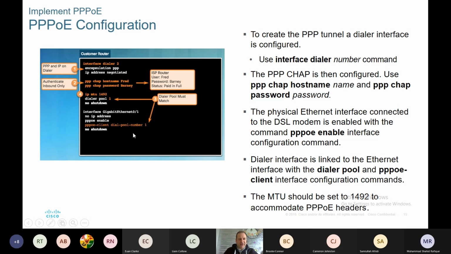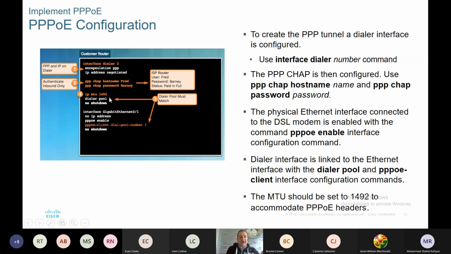That's essentially the configuration. As long as you remember those stages: you configure the dialer, you make sure it's PPP, you say the IP address is negotiated, the CHAP hostname and password for the security, and take the MTU down a bit to allow for the headers that will be attached to the packets.